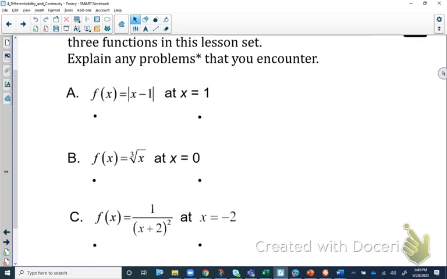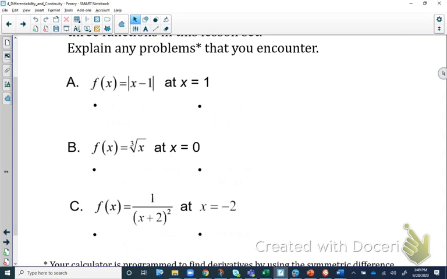And this one at the bottom, the rational function, was not differentiable at x is equal to -2. And what you're going to see here is that your calculator is going to give you something that's going to make it look like it might be, especially on the 84s. So let's take a look here.